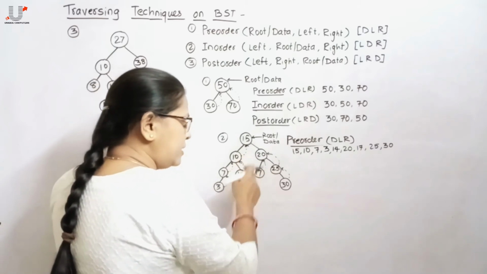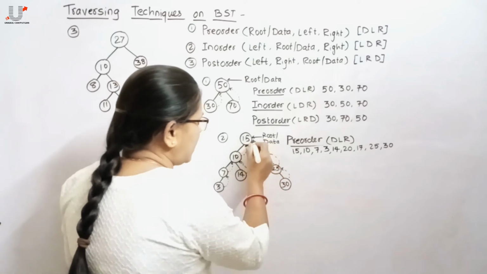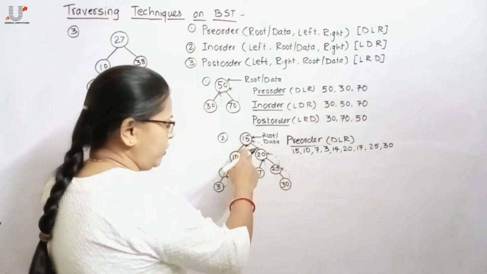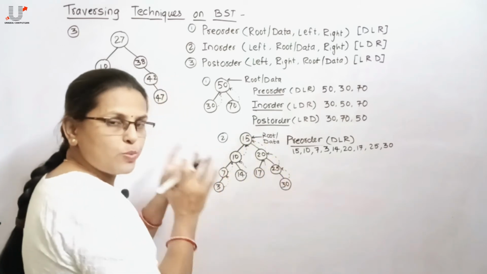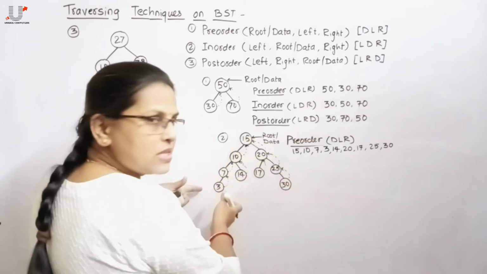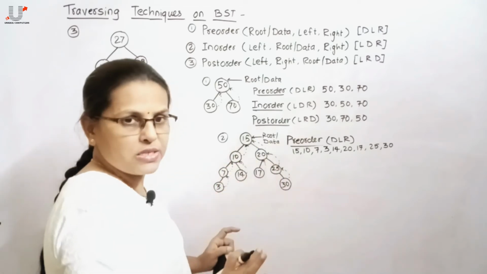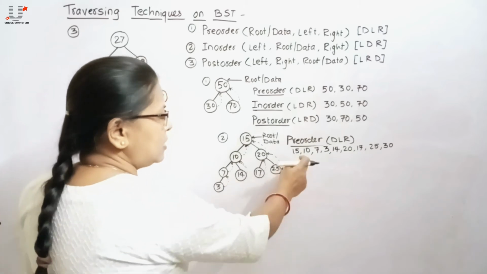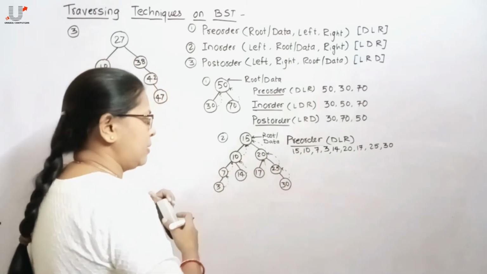As 20 and its left and right subtrees have already been processed, again backtrack to its previous location, 15. As pre-order, here 15 gets processed, that means the root gets processed first, then all nodes from the left subtree, and then all the nodes from the right subtree. So this is the pre-order traversal for this binary search tree.